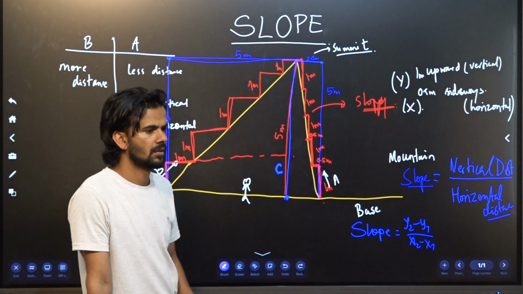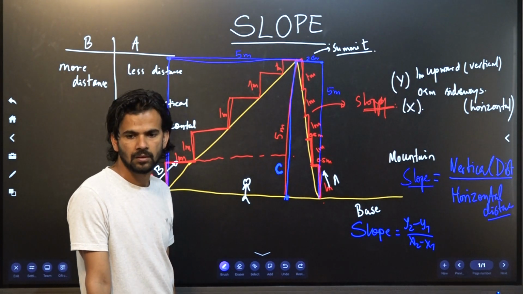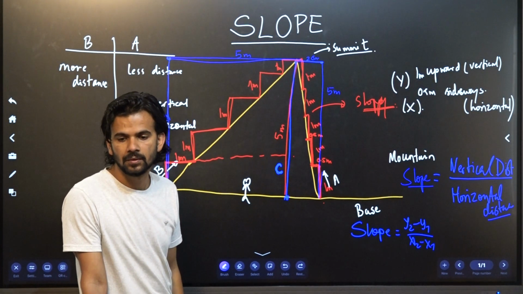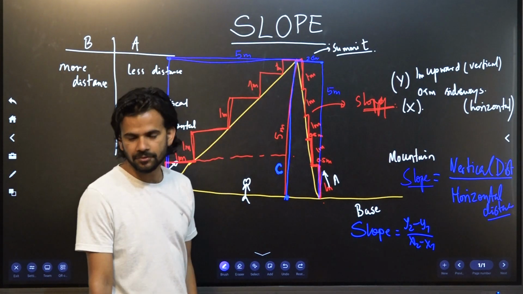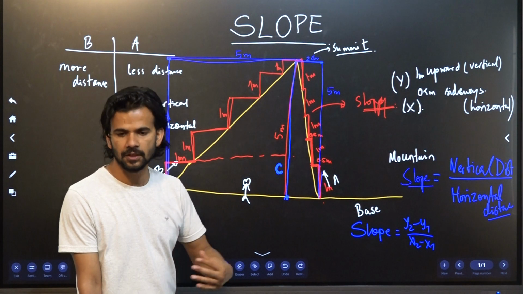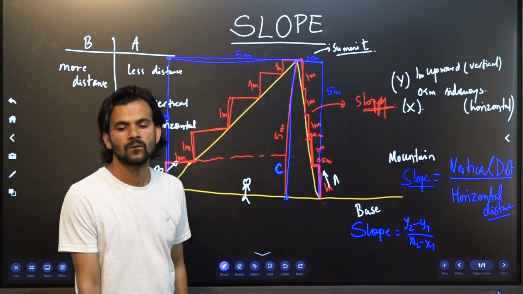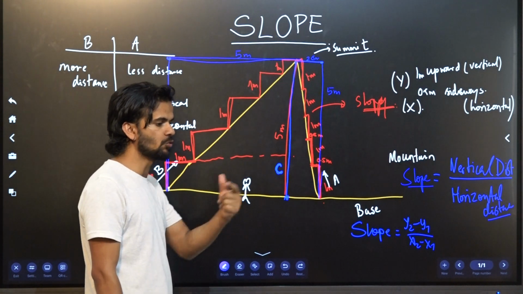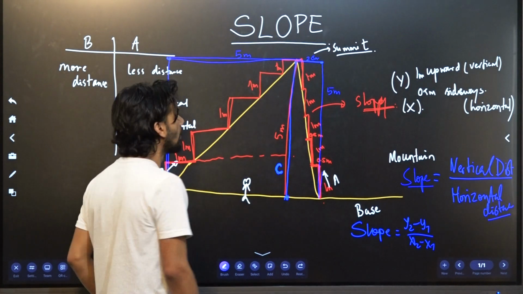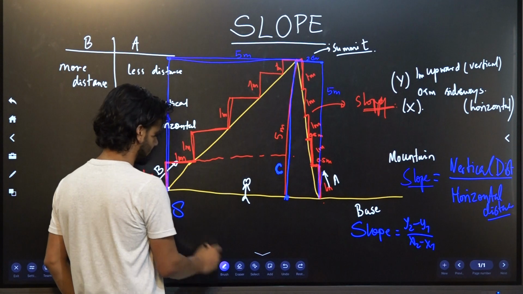Vertical distance is 5 meters, right? You are covering a vertical distance of 5 meters. And horizontal is 0. You are only going up. You are not going sideways. But how much horizontal do you cover? 0.